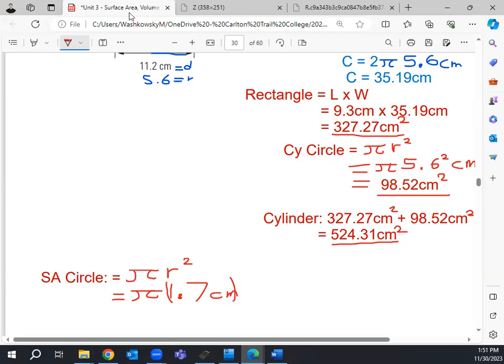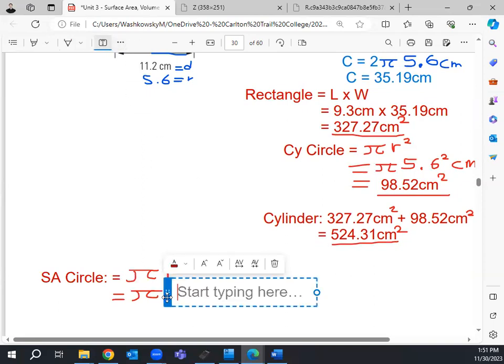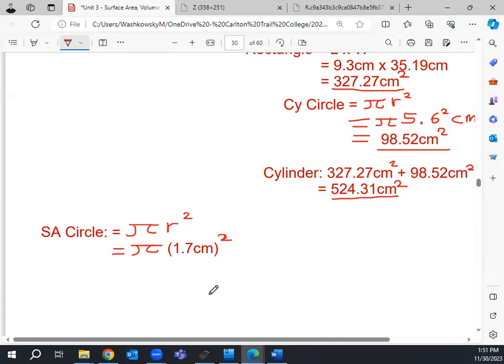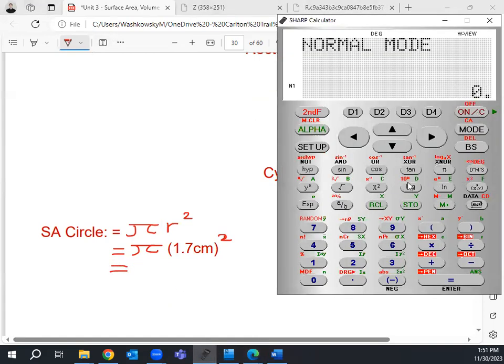So 1.7 centimeters squared. So I punch that in my calculator. Pi times 1.7 squared. And it's going to give me my answer of 9.08.